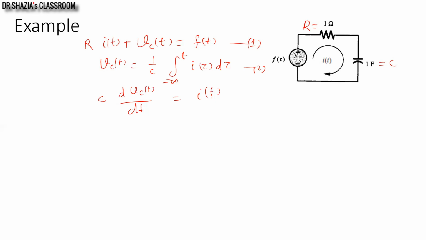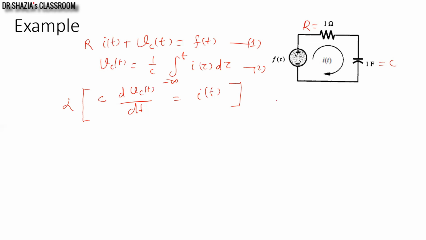So I am going to use these two equations to express the RC circuit. Now, if I apply the Laplace transform to equation number 2, I am going to generate C dV by dt.